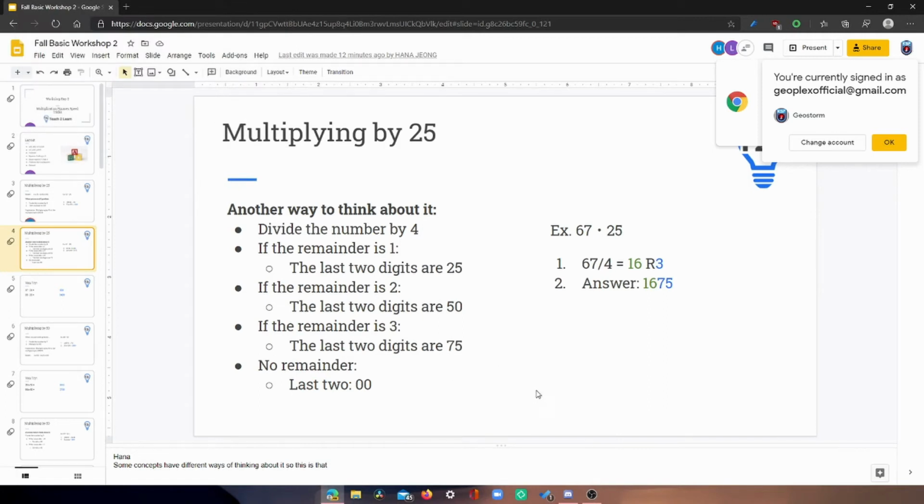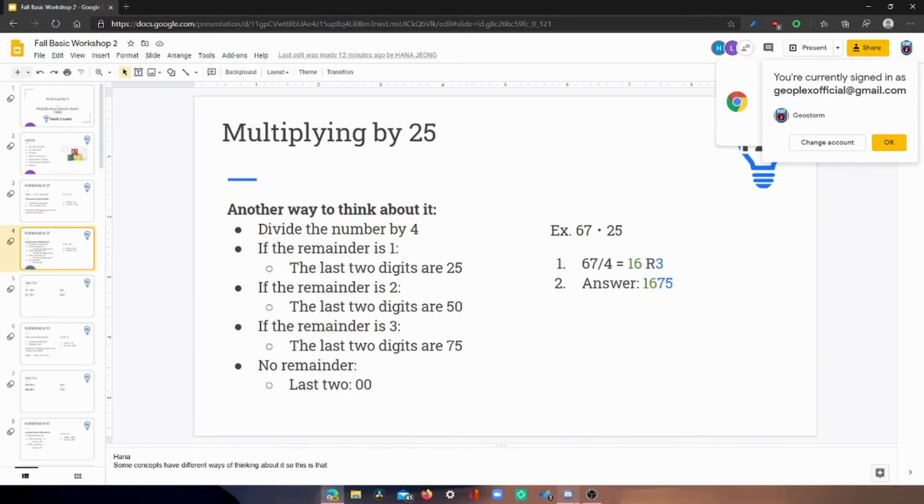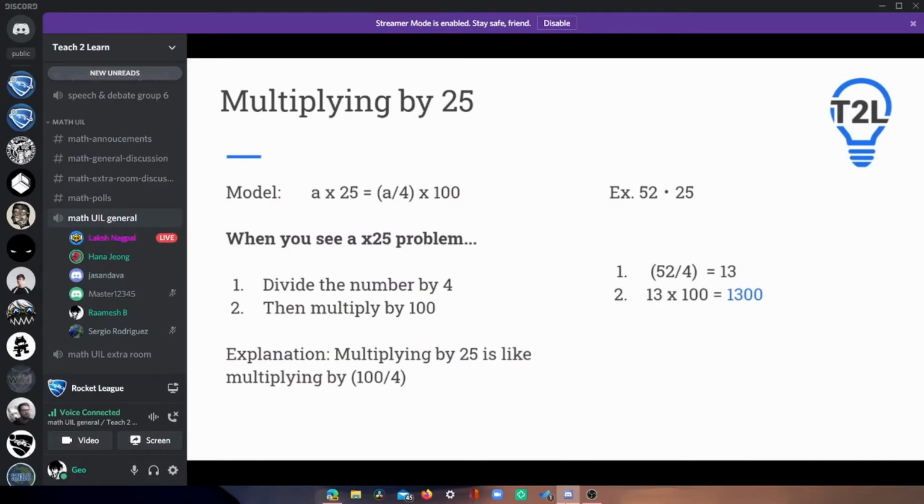So 52 times 25. One method you can use to multiply by 25: divide the number by 4, and then look at the remainder. If the remainder is 1, the last two digits will be 25. If the remainder is 2, the last two digits will be 50.